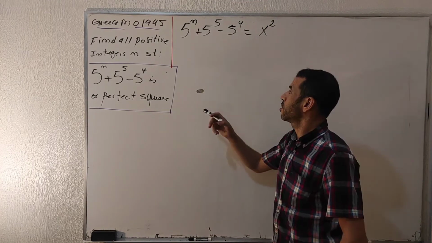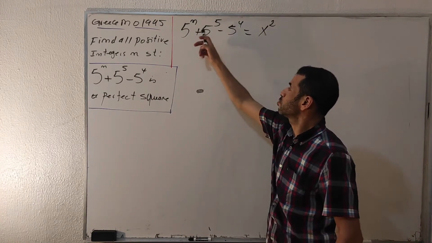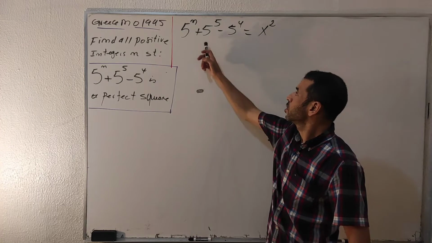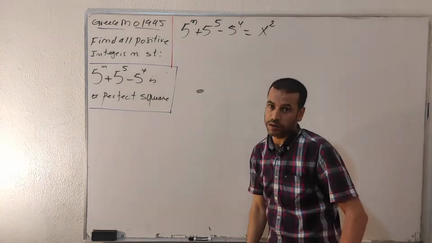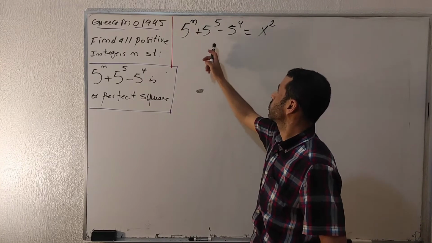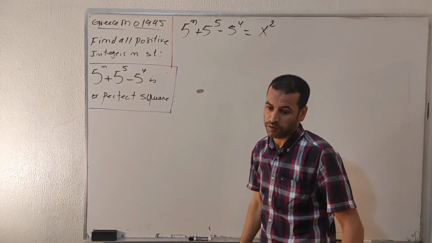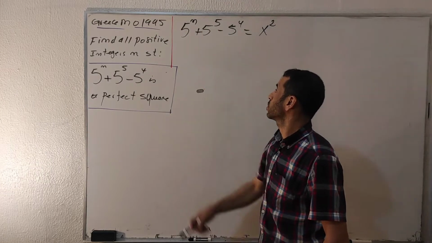I'm going to reduce this to mod something. Which mod is convenient to help us determine the parity of n? If I reduce to mod 5, I get everything 0, so n will be cancelled out. This is not going to help us at all.